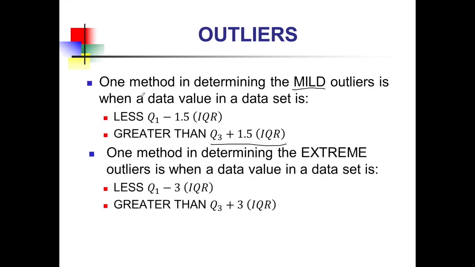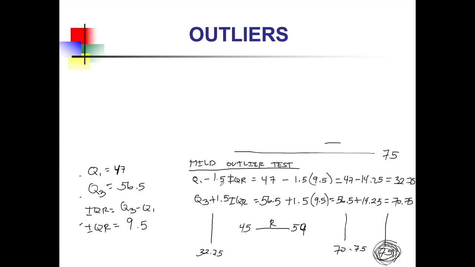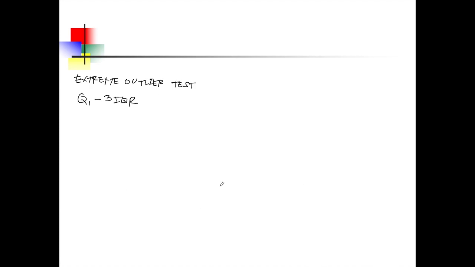This is the formula for the extreme outlier test. Q1 minus 3 times IQR. And same goes with the upper limit, which is Q3 plus 3 multiplied to IQR. The only difference is the mathematical operation.